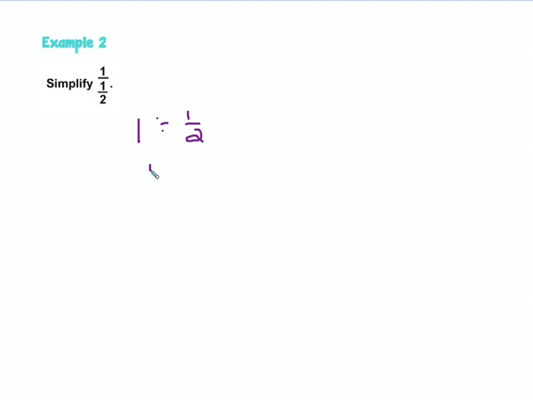So this becomes 1 over 1 times 2 over 1. We can't cross cancel. Multiply our numerators. 2 times 1 is 2. 1 times 1 is 1. And we simplify that to 2. And there's your final answer. Make sure that you've copied everything in your notes, just as I've written.